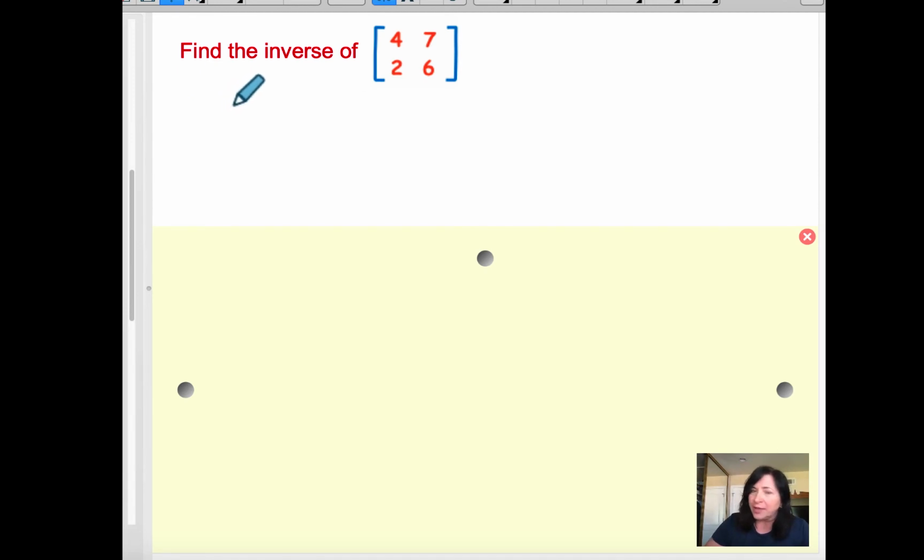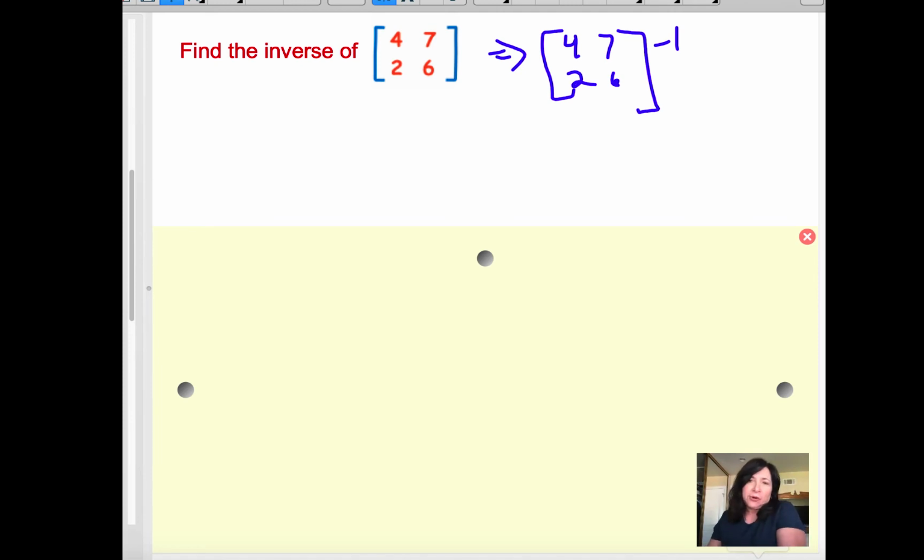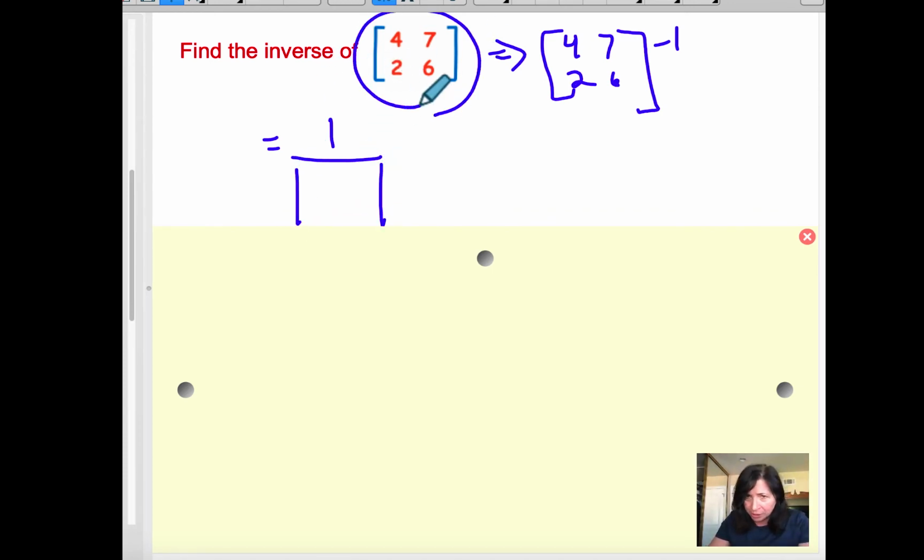So when I'm looking for the inverse, I'm going towards that value. The inverse is equal to 1 over the determinant, and the determinant is this value from the original matrix, 4726.